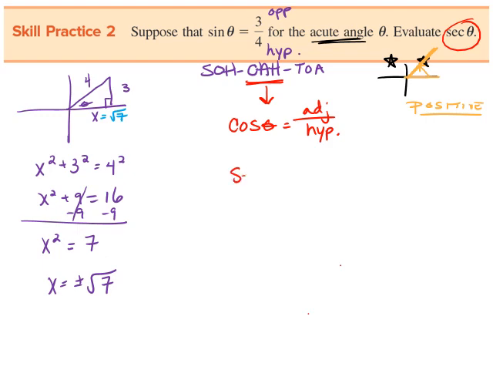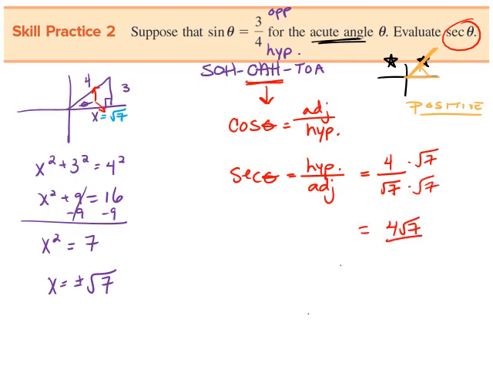So that means secant of theta is the reciprocal of this, which would be the hypotenuse over the adjacent. So in this case, the hypotenuse is 4. The adjacent is root 7. So when I rationalize this denominator, I end up getting 4 root 7 over 7. It's positive. I'm happy.